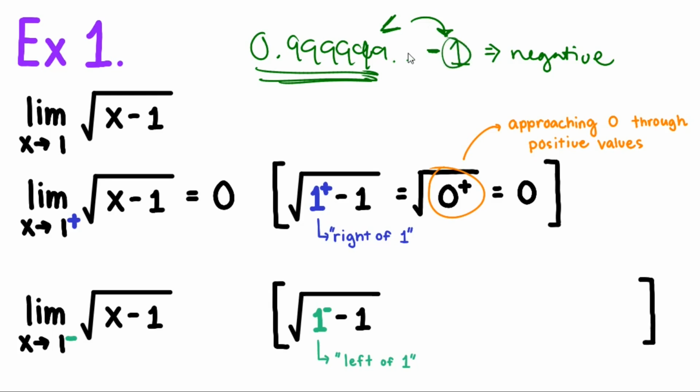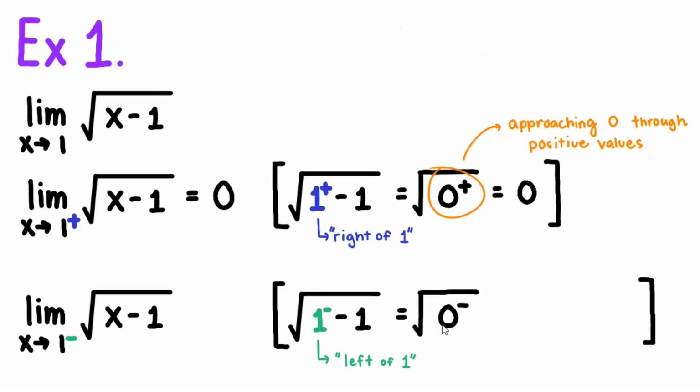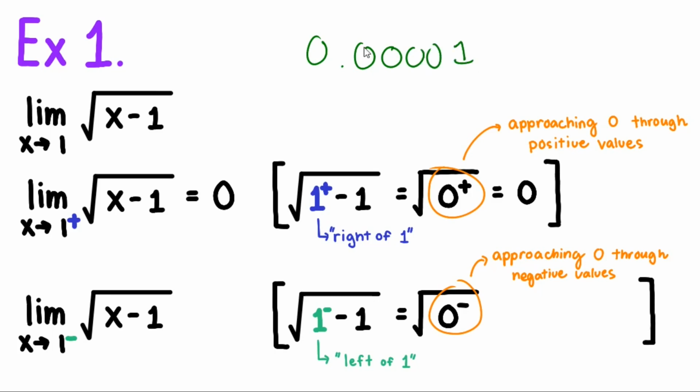So we know that the outcome when subtracted is negative. So we'll have here 0 from the left, or this refers to approaching 0 through negative values. What this means is that the values are like negative 0.00001, something like that.